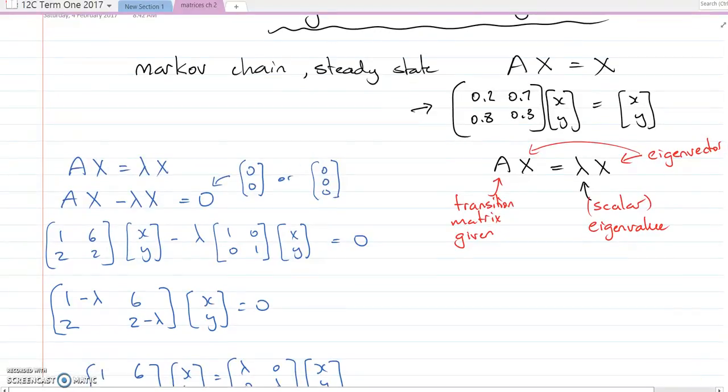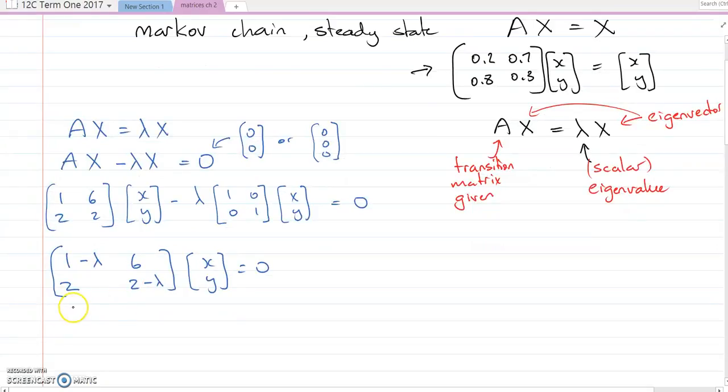Put this down here. Okay, we haven't yet looked at something like this, but I will tell you now and explain it later. The solution to this is when the determinant of 1 minus lambda, 6, 2, 2 minus lambda is when the determinant equals 0.